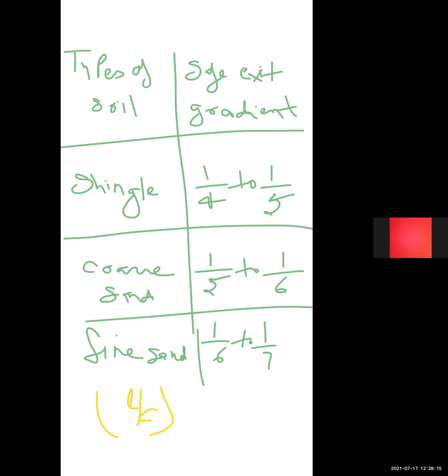These corrections are done by empirical relations given by Khosla as per plate curves. So with the help of Bligh's theory and Khosla theory, we can design a weir and barrage or a small construction.